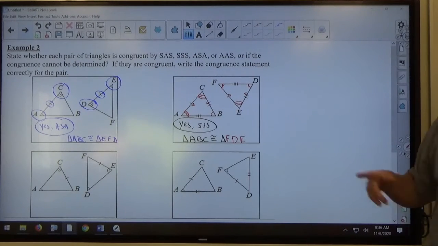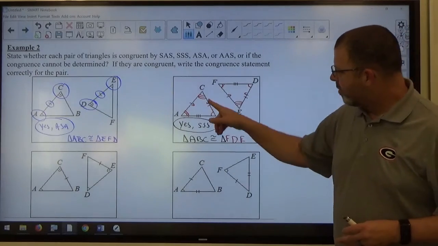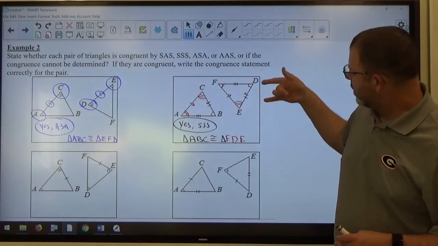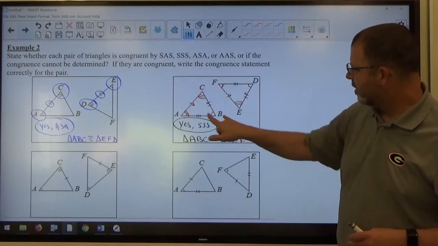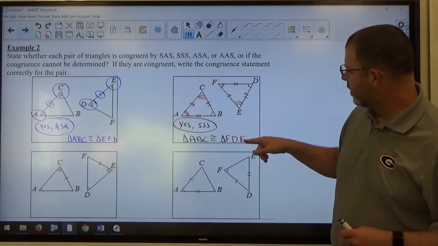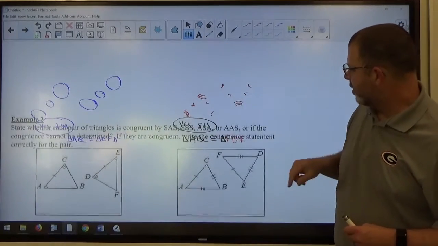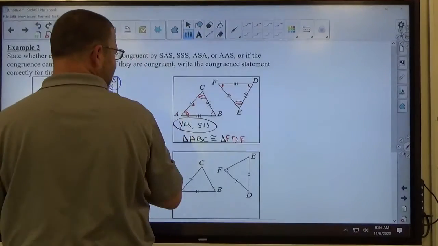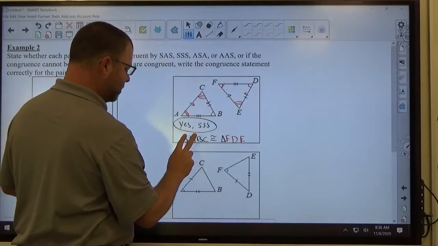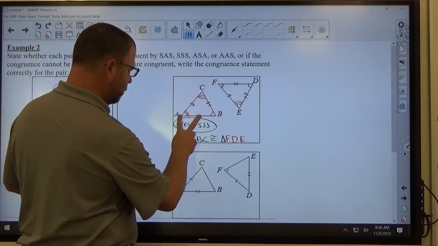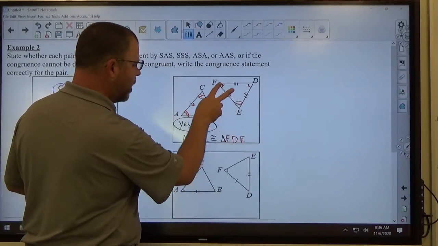It's a lot easier. And then you just verify: AC first and last, EF first and last, AB first and second, FD first and second.